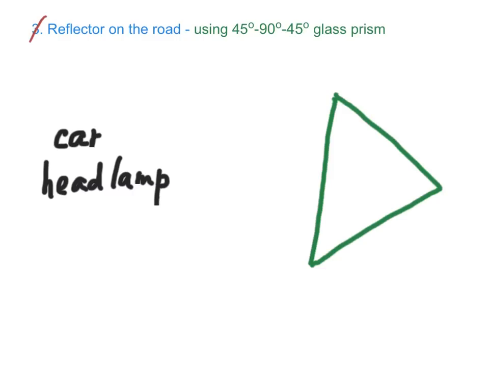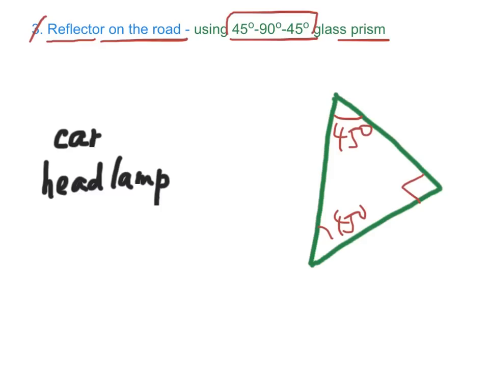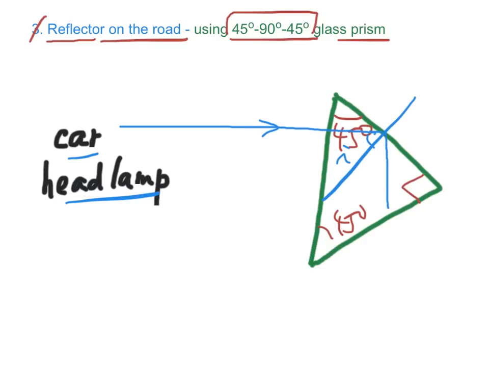Another use of total internal reflection is the reflector on the road, using 45-90-45 degree glass prisms. At night time, the light sent from the car's headlamp will go towards the prism and undergo total internal reflection inside the prism.